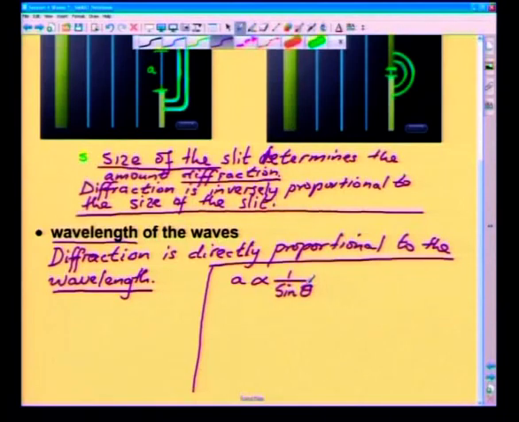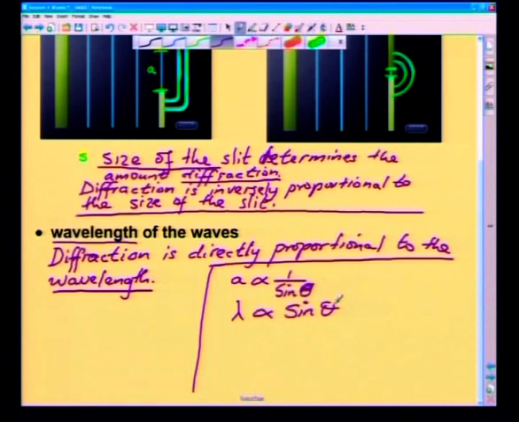So we make use of the angle theta to see how the amount of diffraction is formed. So a, the size, is inversely proportional to the amount of diffraction. On the other hand, the wavelength, lambda, is directly proportional to the amount of diffraction, which will be given by the sine of the angle.